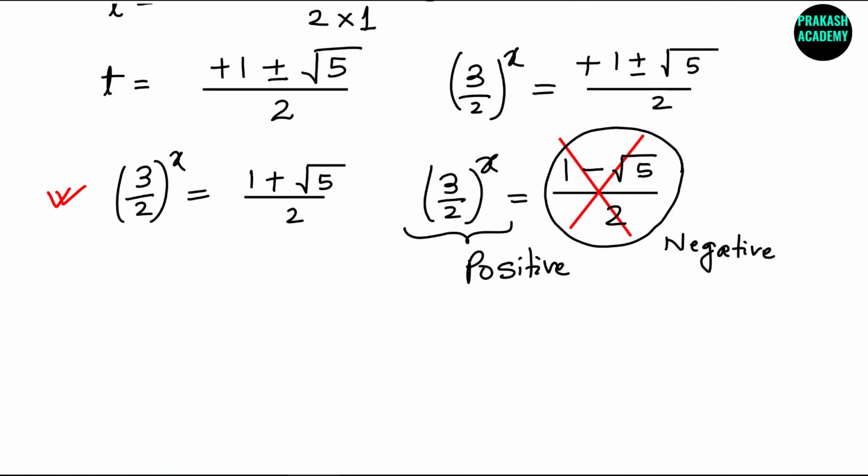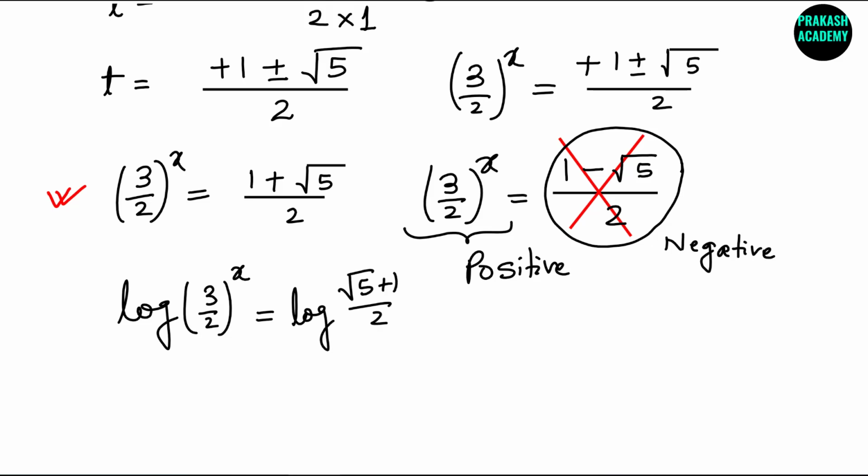Now I have to solve for x. So what I will do is take log on both sides. So log of (3/2) raised to the power x equals log of (root 5 plus 1) by 2. And if you remember the rules of log, log of a raised to the power m is simply m log a.